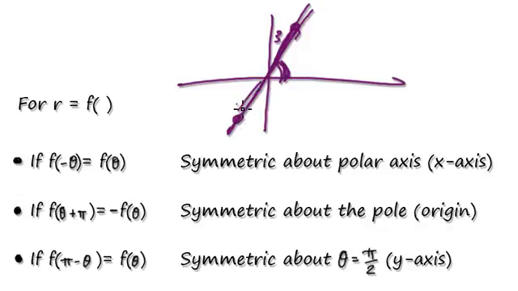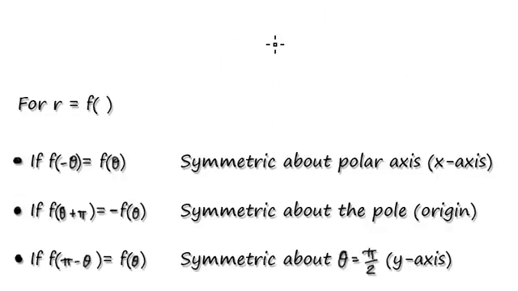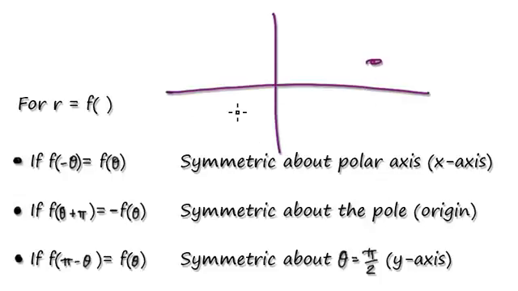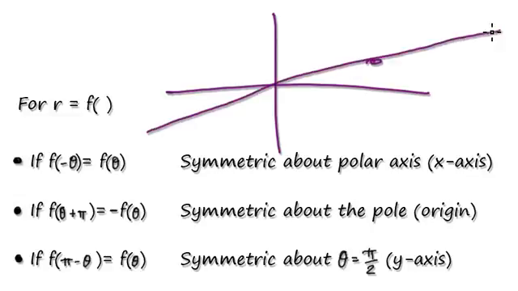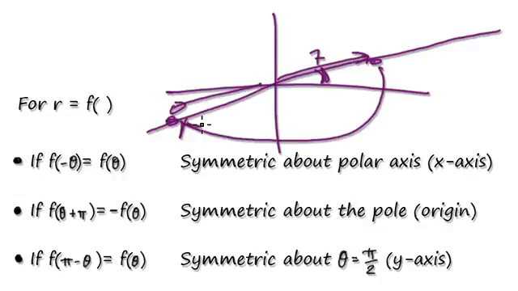So this point here will get mapped to here. When you see an example of it, you will get an idea of symmetry along the origin. It's basically this point here, draw a straight line. The angle is still the same, but instead of the radius being, let's say 7, now it's negative 7, so it gets mapped to here.